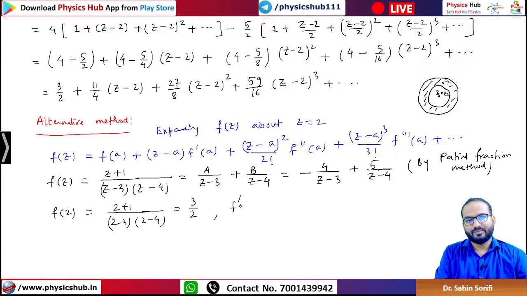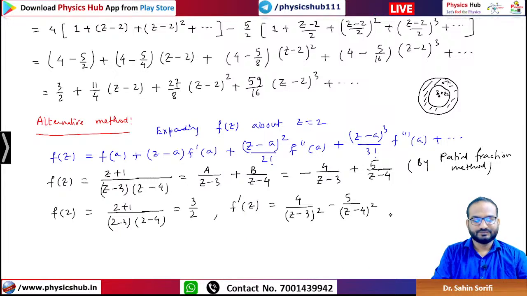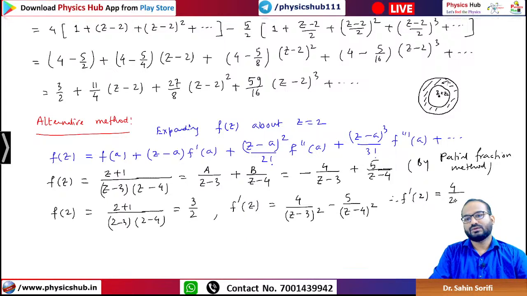f prime of z, let us calculate the value from here. So this is 4 by z minus 3 whole square minus 5 by z minus 4 whole square, and hence f prime of 2 equals 4 by 2 minus 3 whole square minus 5 by 2 minus 4 whole square.